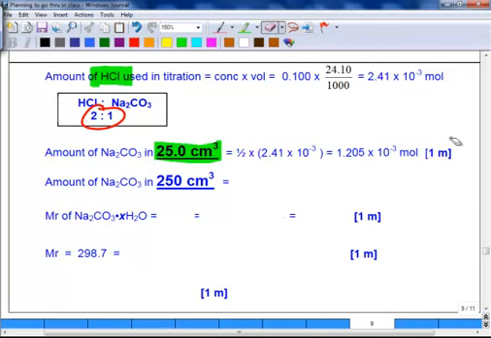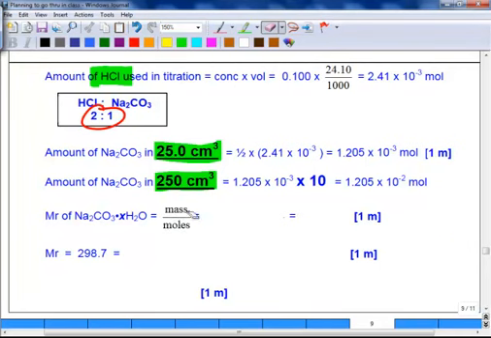But originally you took out from the 250 cm3 volumetric flask. So now you want to find the moles in 250 cm3, you need to times 10. Agree? Times 10. And you can find the MR, because you have the mass. The mass is 3.6.